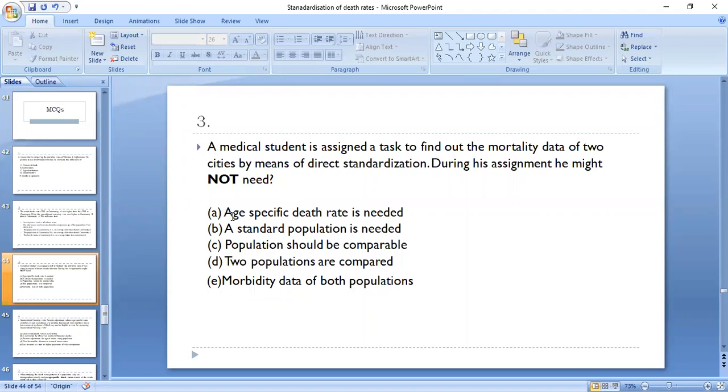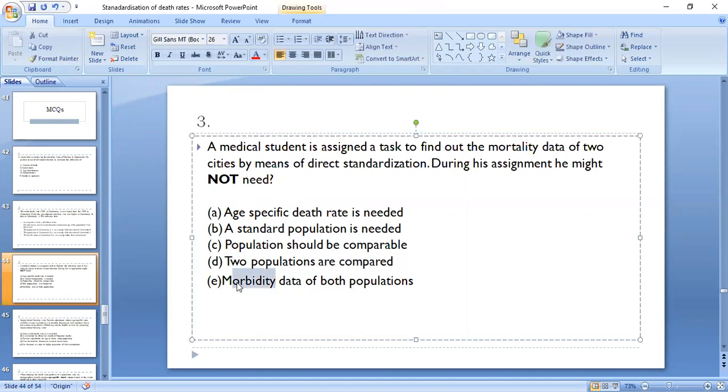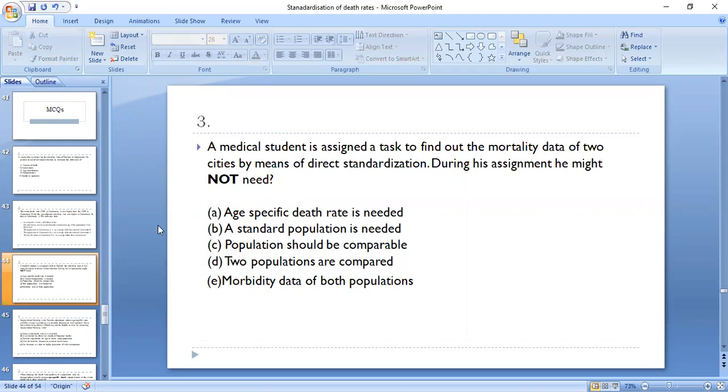All these things are needed. For example, he needs to calculate the specific death rate, a standard population is also needed, the populations should be comparable, and the two populations will be compared at the end. The thing we don't need is the morbidity data of both populations, because we are working only on the mortality data.